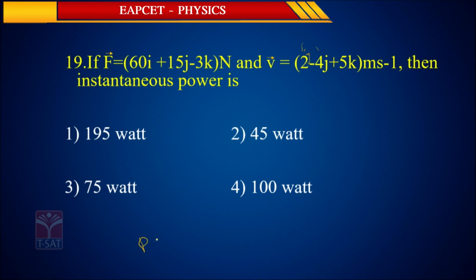Power P is equal to F bar dot V bar. Directly you calculate: at I place, F is 60 and V is 2. 60 into 2, what is that? 120.